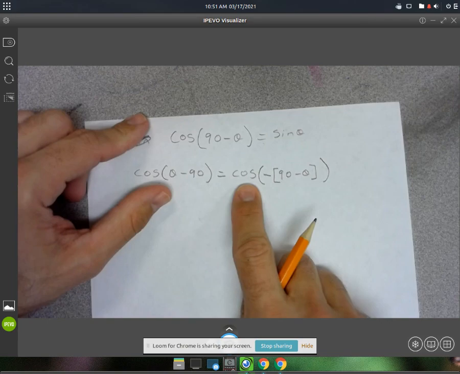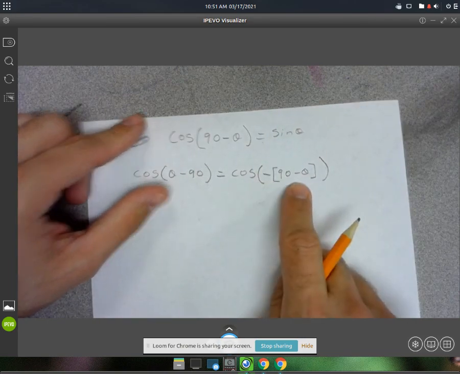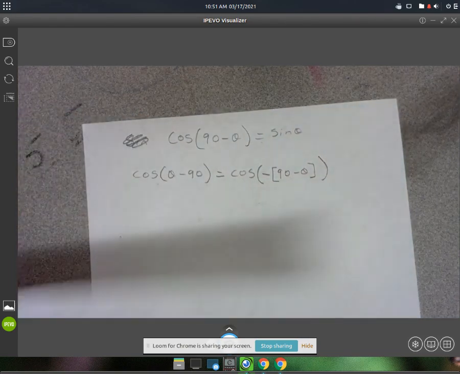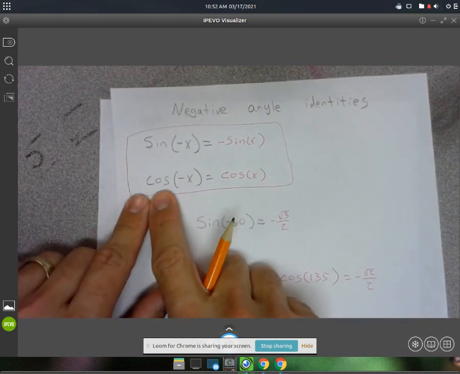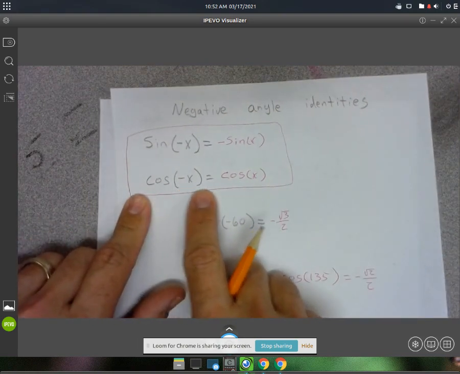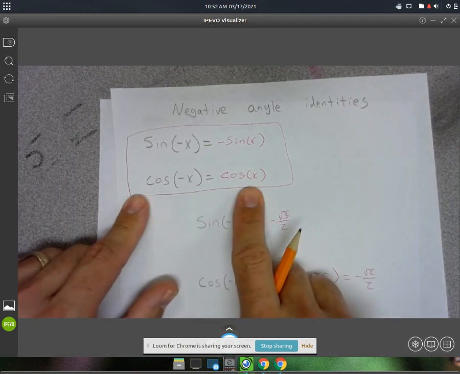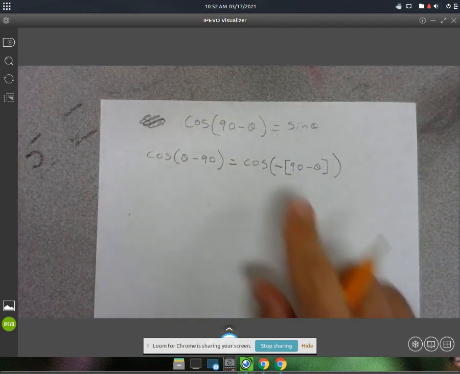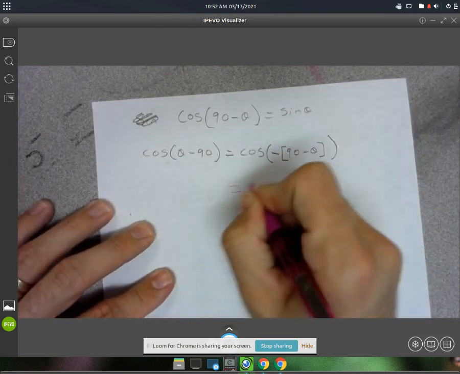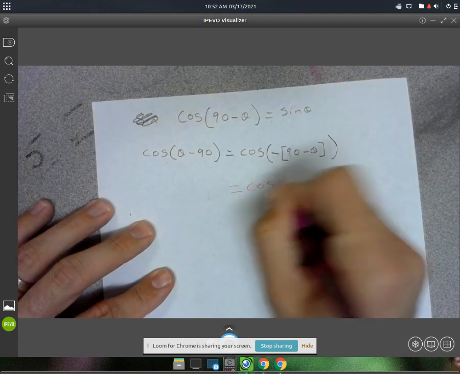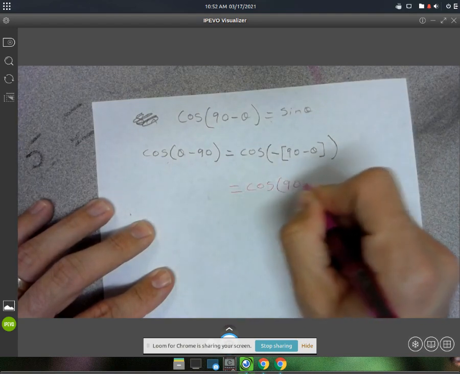And now cosine of a negative angle, hopefully remember what that is. That's one that's actually worth remembering. Cosine of a negative angle is equal to cosine of that same angle. So I can pretty much get rid of this negative. So this is equal to cosine of 90 minus theta.